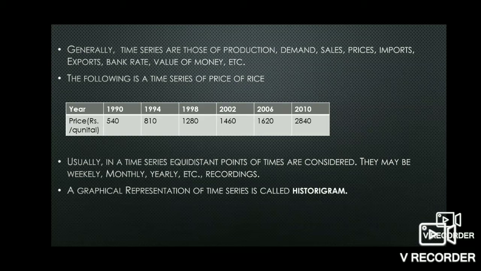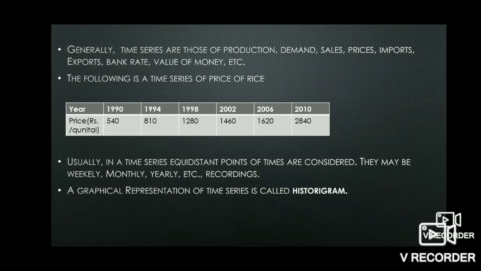We have taken successive points, that is, after every 4 years the price of rice is noted. For the year 1990 the price was rupees 550 per quintal, and for 1994 it was 810. So we can see the price of rice is increasing after every 4 years.